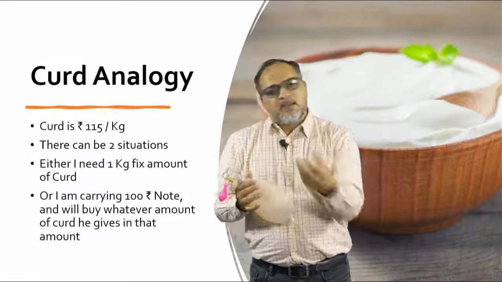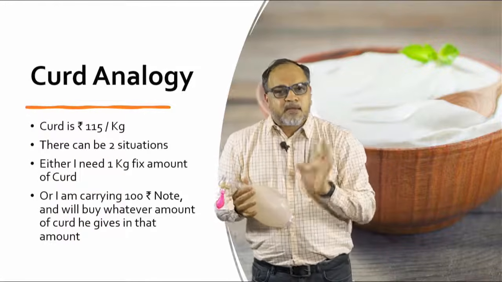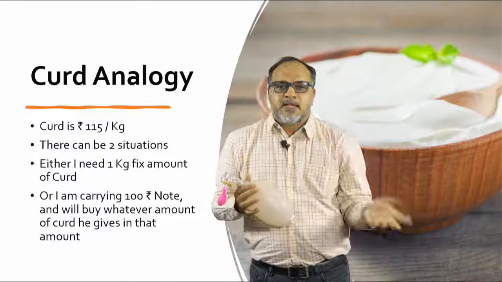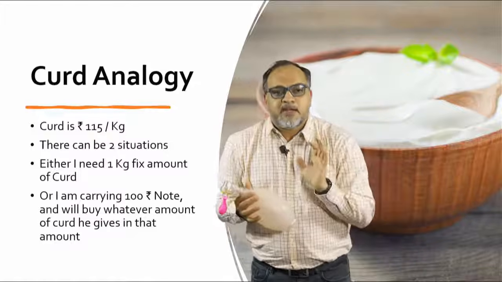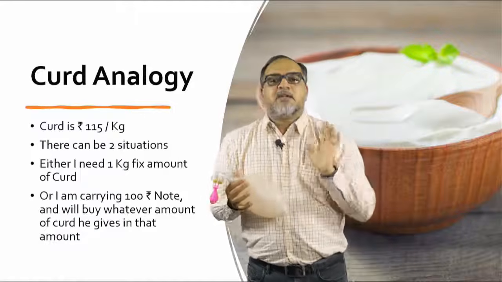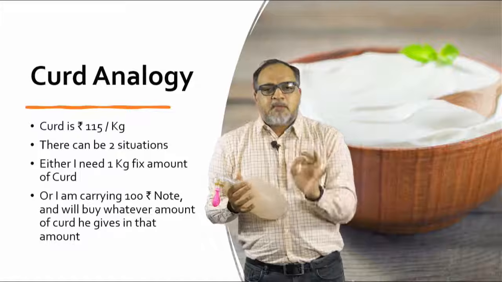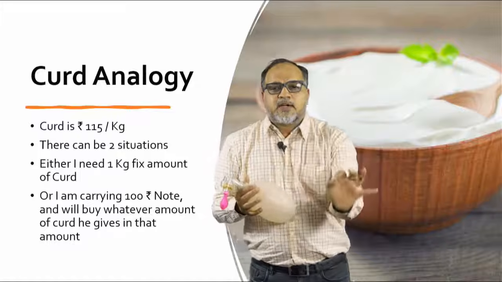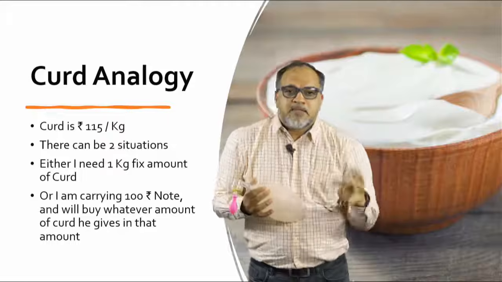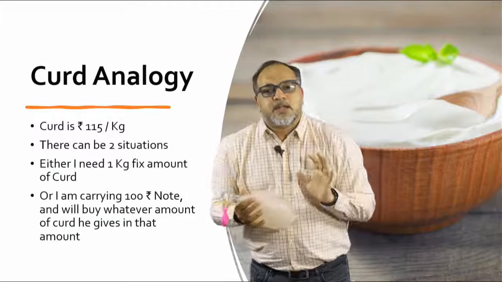He will say 115, I'll give him 115 and come back. Next day the cost might be 125, I'll pay him 125. The other day the cost could be 95 and I'll pay him 95. In the other scenario, I am carrying a 100 rupees note and I'll buy whatever amount of curd the shopkeeper gives me. It could be 800 grams, it could be 1200 grams.